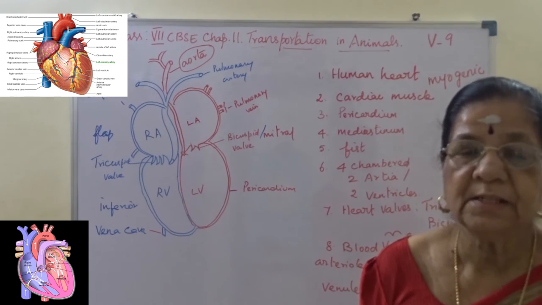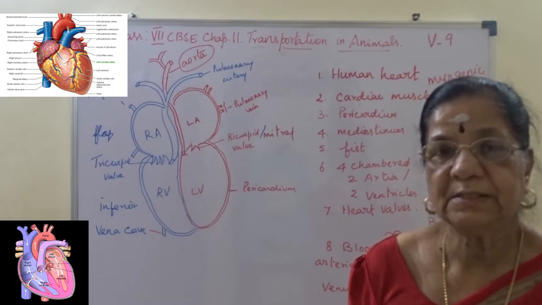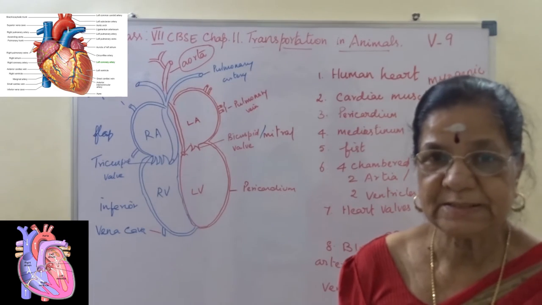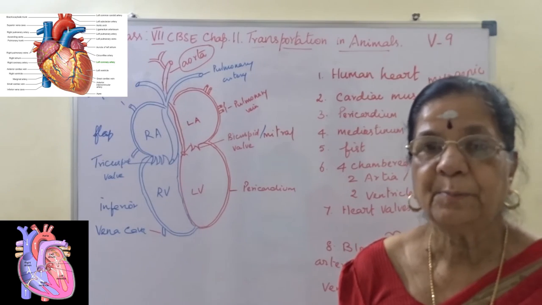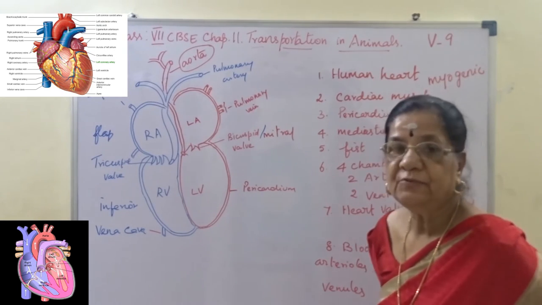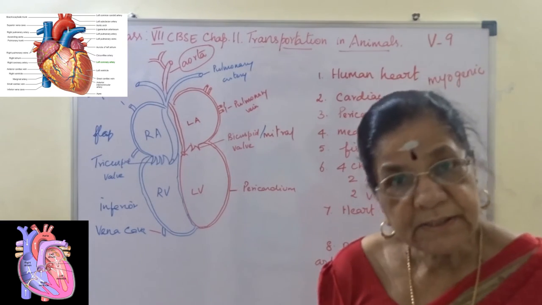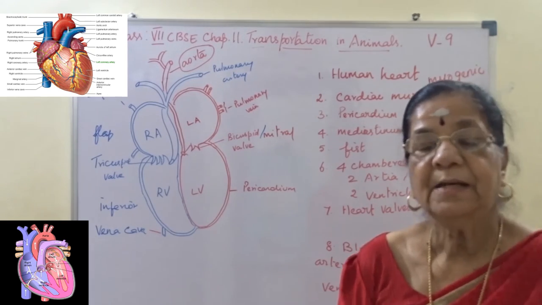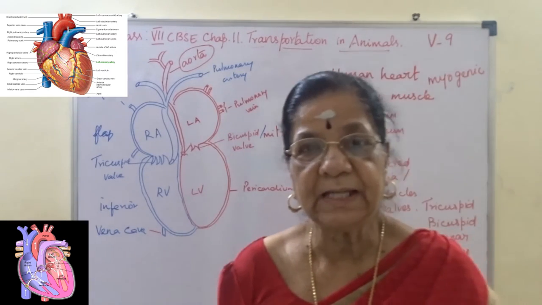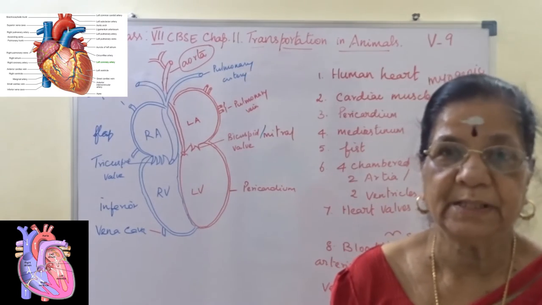Arteries are carrying oxygenated blood and supplying to various parts of the body, but there is an exception that the pulmonary artery will carry only deoxygenated blood. Same way, the pulmonary veins will carry oxygenated blood.